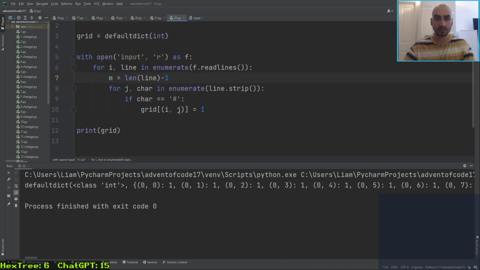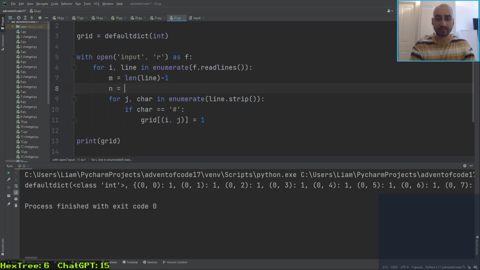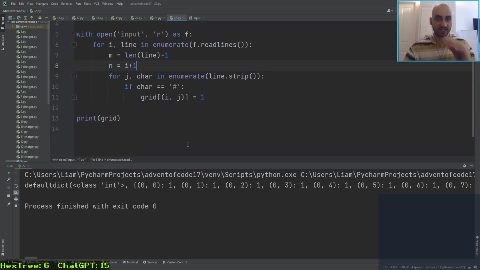So n would be, character in, whatever, n equals i plus 1, that'll give us m and n, right?